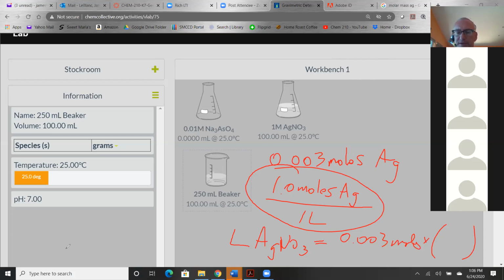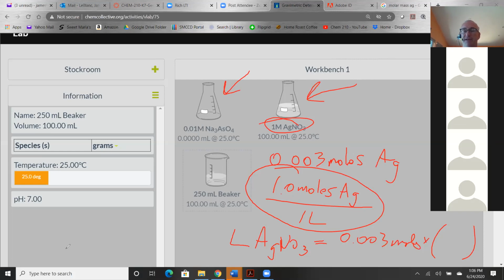Where am I getting 0.01 from? That's the concentration of the arsenate. That's not the concentration of the silver. This is the concentration of the silver. It's 1 molar. It's a much higher concentration.